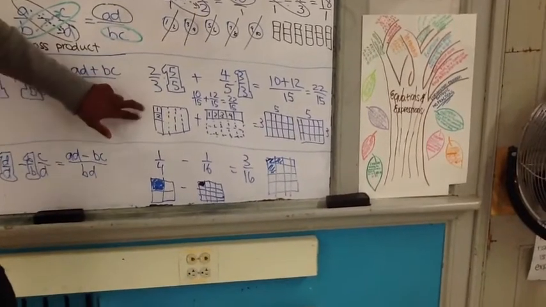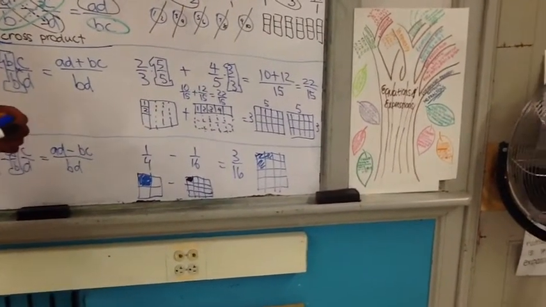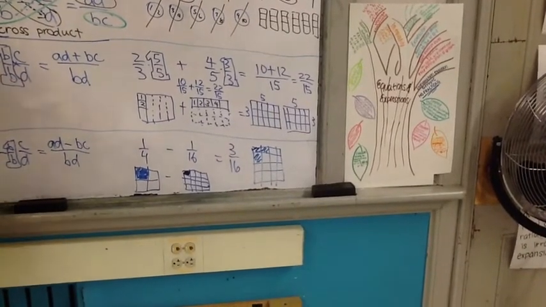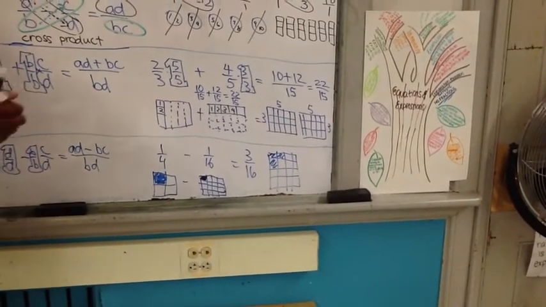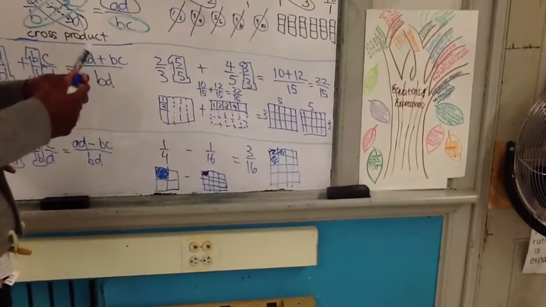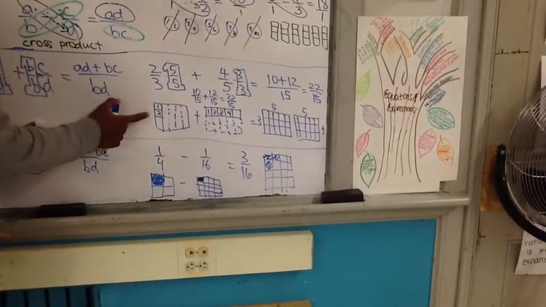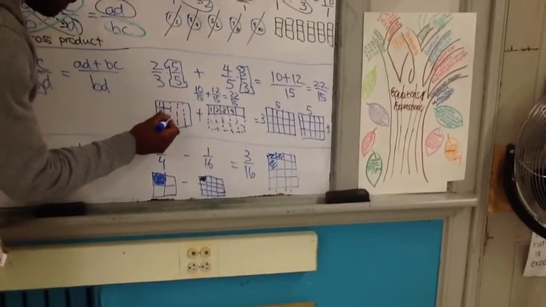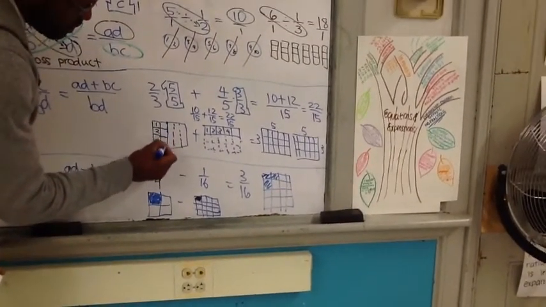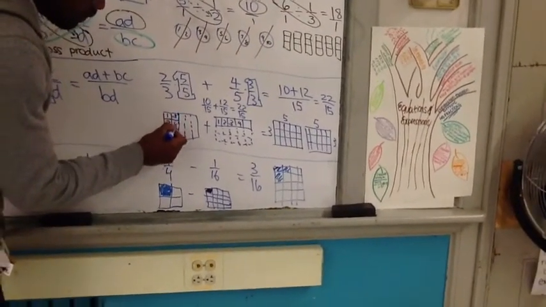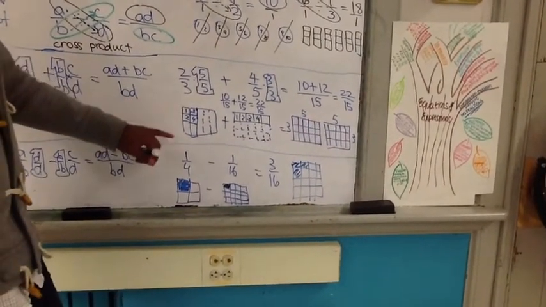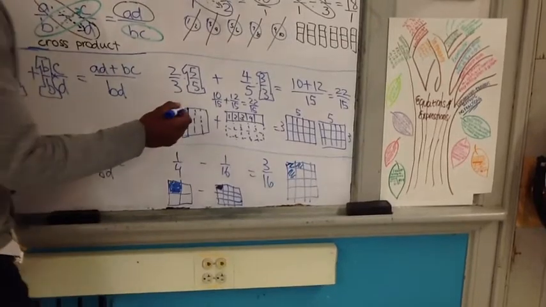If we look at this picture again, we can actually create equivalent fractions. So one of the things that does come out of this conversation is how to create equivalent fractions. Here I have 2 spaces out of 3. If I extended this, now I have 4 spaces out of 6, and 4 over 6 is equivalent to 2 over 3.